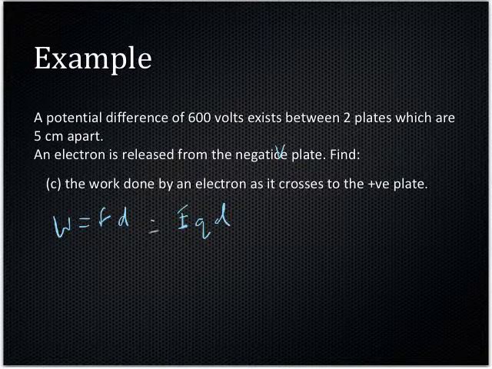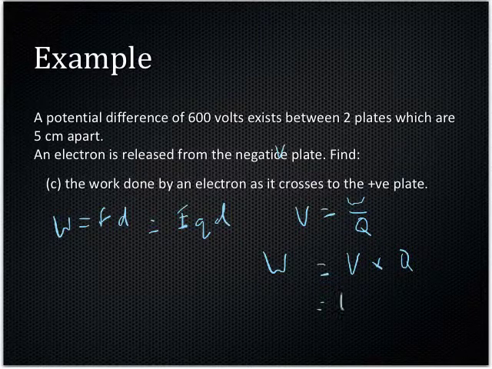So it could also be equal to that. You just substitute in essentially. But we also know that voltage is work over charge, so you could actually just go work equals V times Q. So it's going to be 600 times 1.6 times 10 to the minus 19. So there's quite a few ways of working that one out.